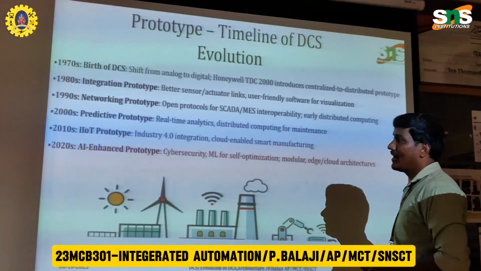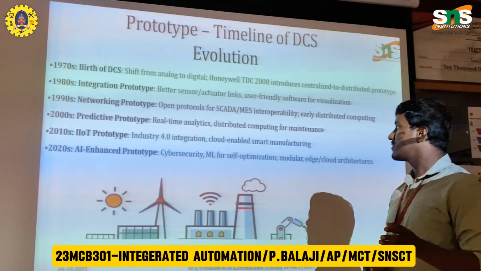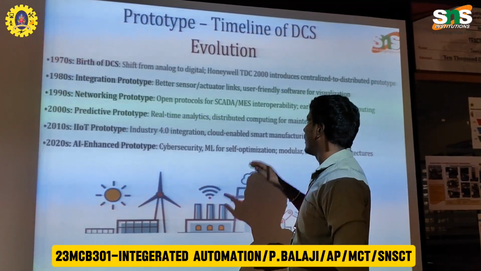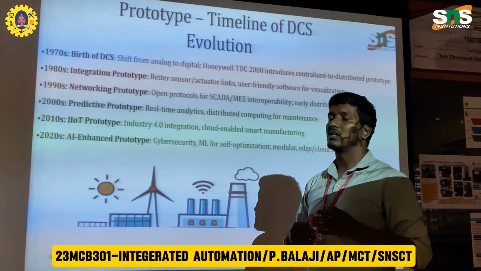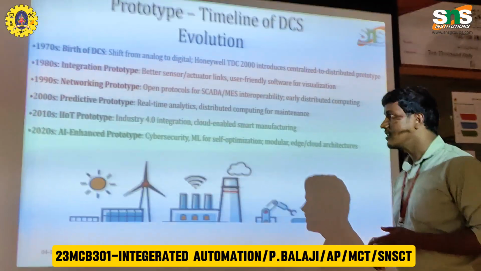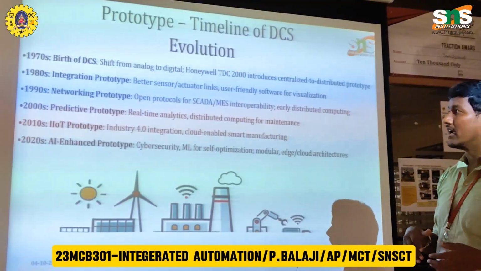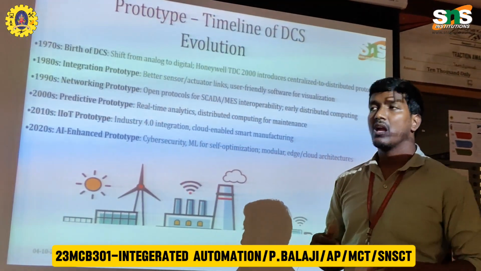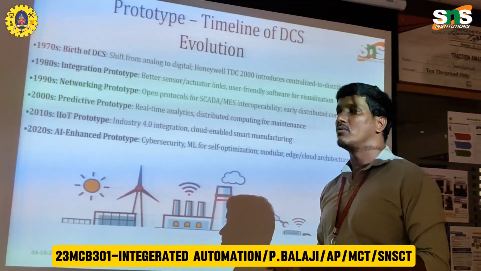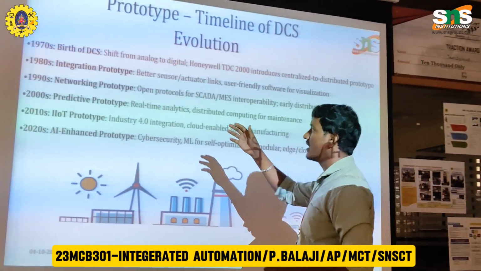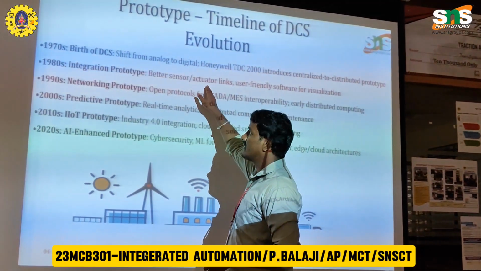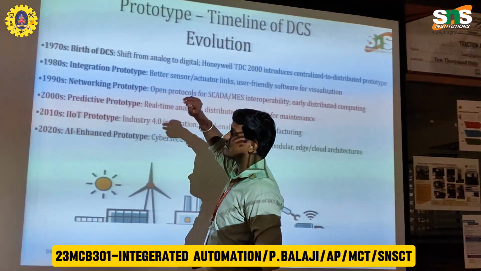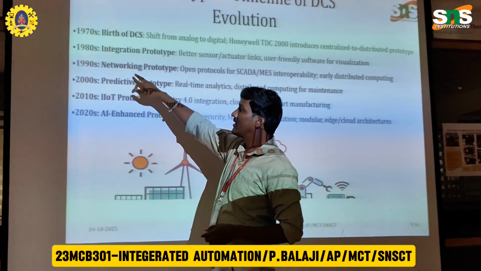In the 1990s, network applications were used for SCADA and MES systems to communicate data using a single line, like the 4 to 20 milliampere line and the HART protocol, to transfer data from sensors and actuators to the DCS.